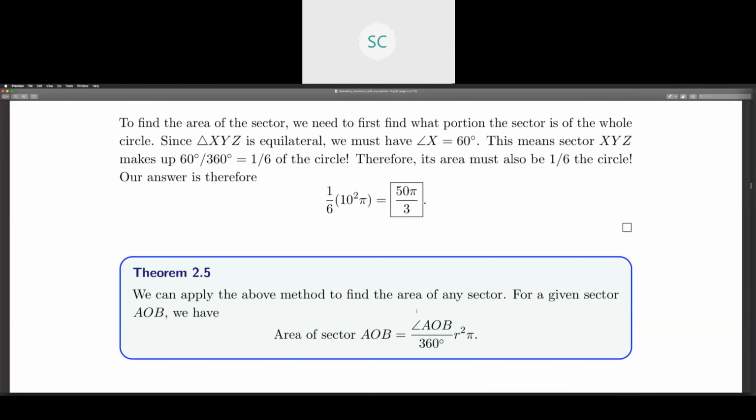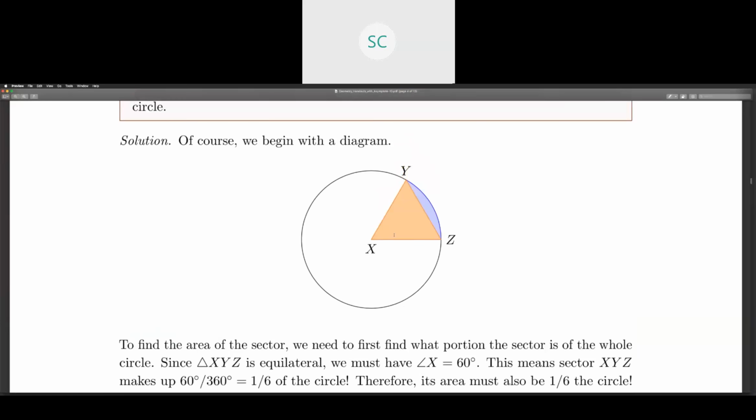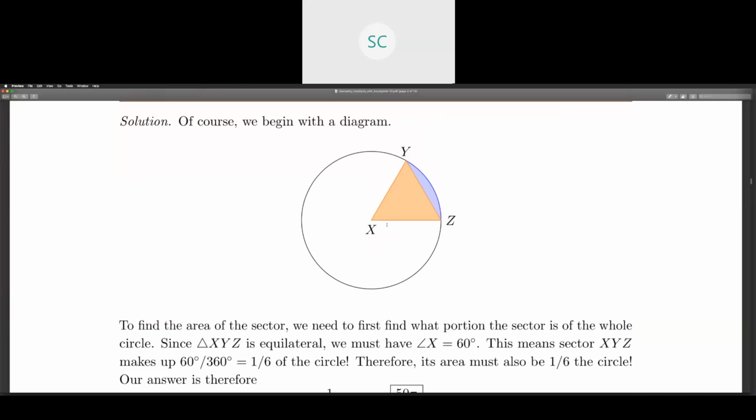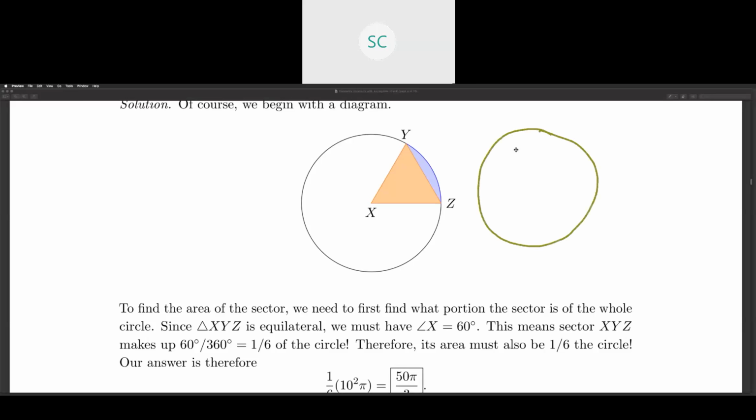Notice that the way we found the area of this sector is very generalizable. What that means is that we can easily find the area of a sector just given its angle. Let me generalize it really quick. Let's say you want to find the area of a sector with angle x, right?